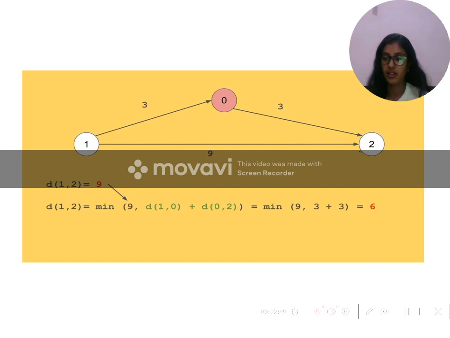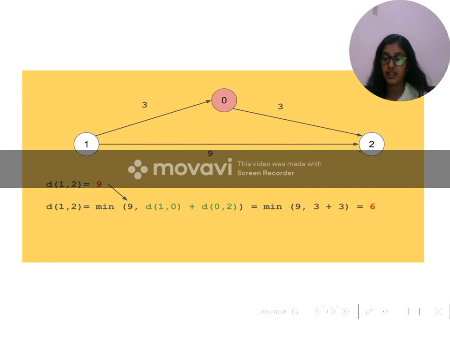You could say that I can update the shortest distance between 1 and 2 to a new value, which is the minimum of 9 and the value of going from 1 to 0 and 0 to 2. The first one would be 3 and the second one would be 3. Therefore, we are calculating the minimum of 9 and 6, which would be 6.